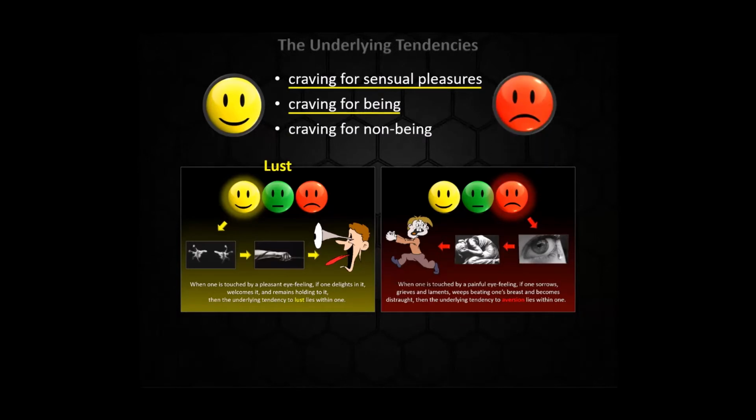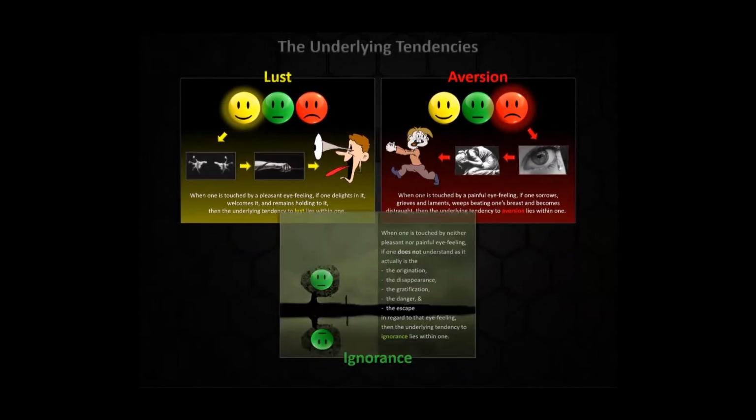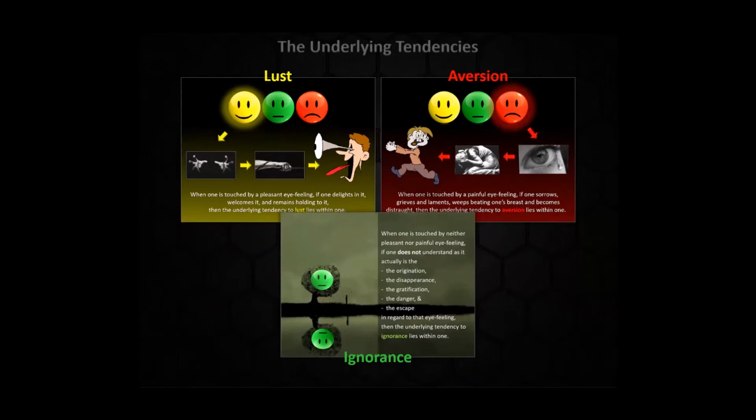Unpleasant feelings act as a cause and condition for craving that is driven by the underlying tendency of aversion. Okay, so this is revision. And the Buddha says that neutral feelings condition ignorance. Lust, aversion and ignorance are the same as greed, hatred, and delusion.